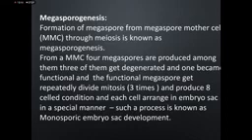Once again, formation of megaspores from megaspore mother cells through meiosis is known as megasporogenesis. From a megaspore mother cell, four megaspores are produced through meiosis. Among them, three degenerate and one becomes functional.